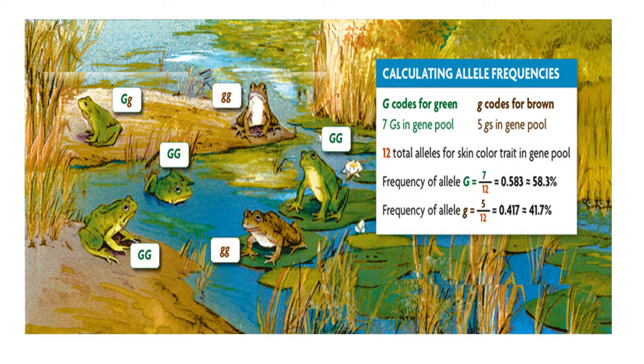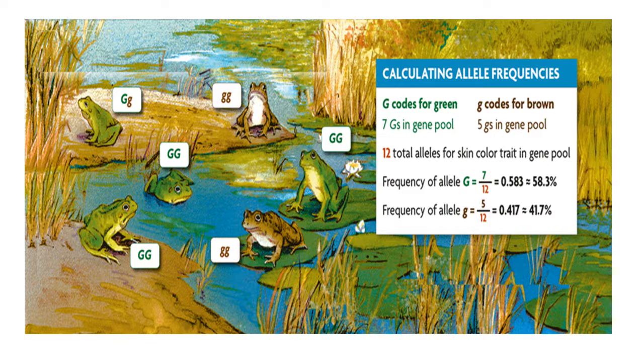For example here, we have a population of frogs. And this population shows a trait, skin color. G capital codes for green color and G small codes for brown color. Each frog has two alleles for skin color.